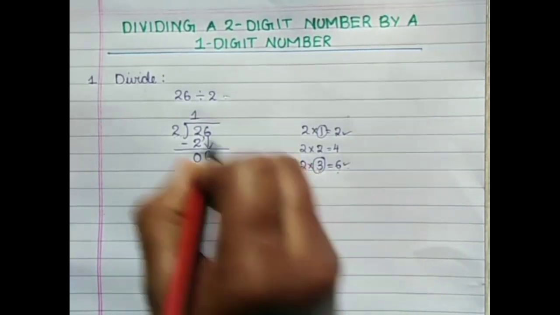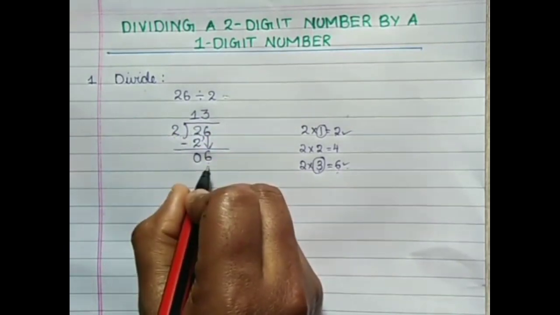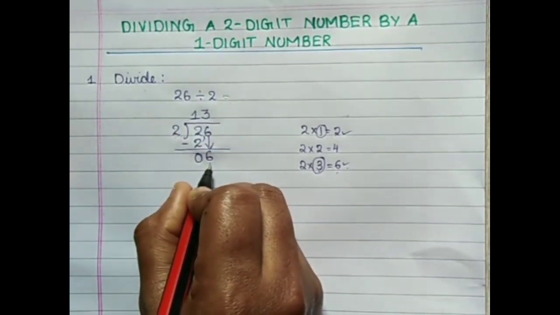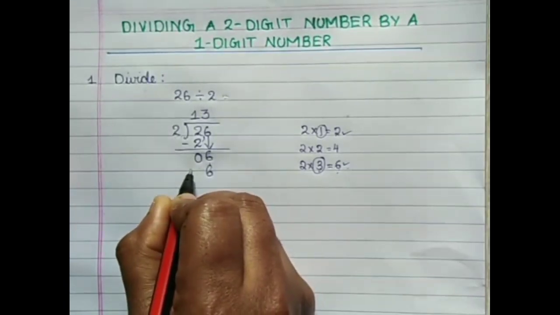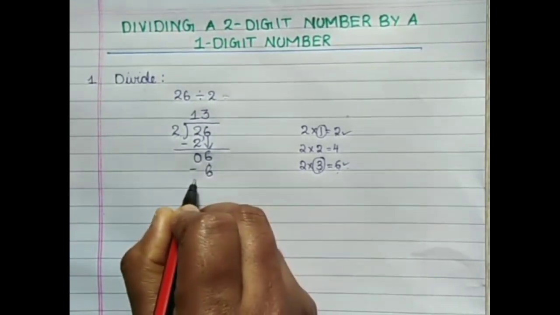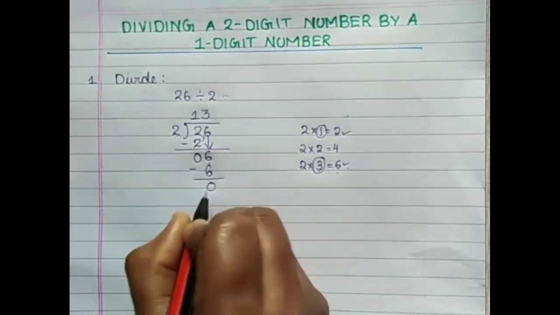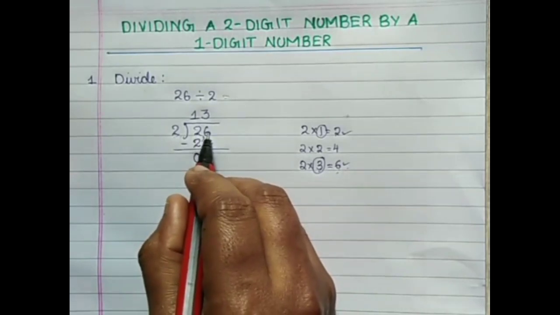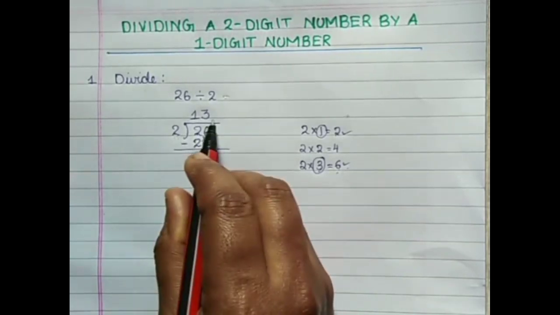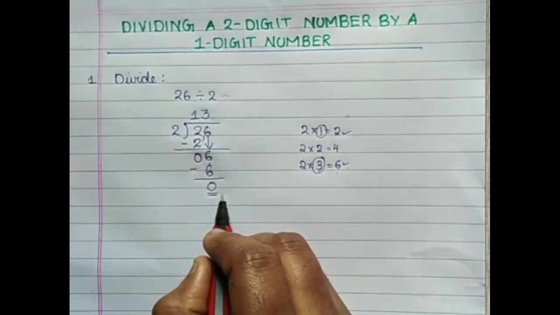So we should write this 3 above. And 2 3s are 6. We should write this 6 below the number 6. Now we should subtract the number 6 from the number 6. So 6 minus 6, the answer is, yes, 0. When we divide the number 26 by 2, we have the quotient 13 and the remainder 0.